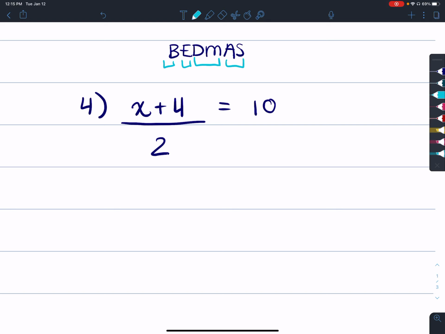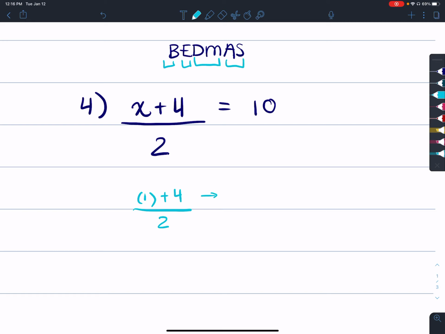If I knew what x was, and let's use the example that x is 1, the first thing I would do here is not divide or multiply. The first thing I would do is this addition because this fraction line acts kind of like a bracket.